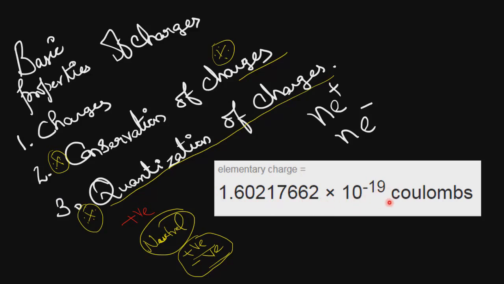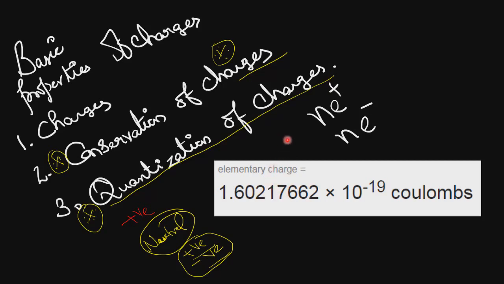The charge of an electron is minus e, that is, minus 1.6 × 10^-19 coulomb. The charge of a proton is plus e, that is, plus 1.6 × 10^-19 coulomb.